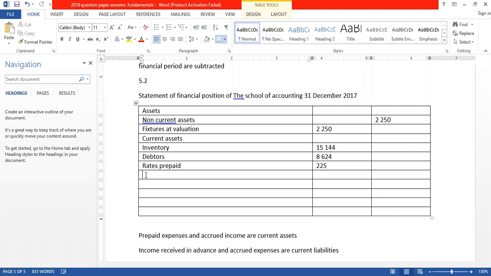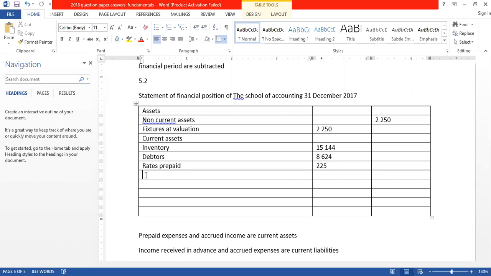And when your bank balance is on the credit side, what do you call it? It's referred to as a current liability, a bank overdraft. Remember, for every balance carried down, there should be a balance brought down.